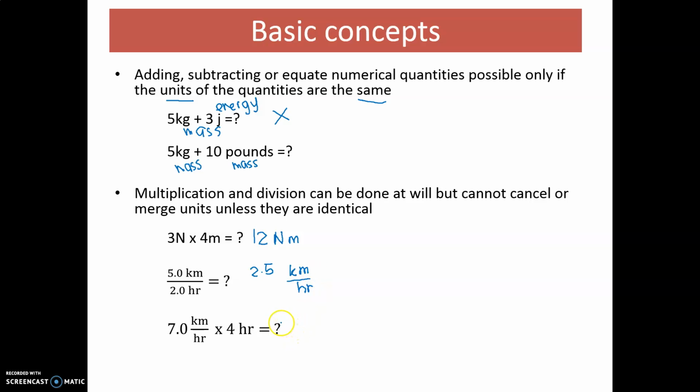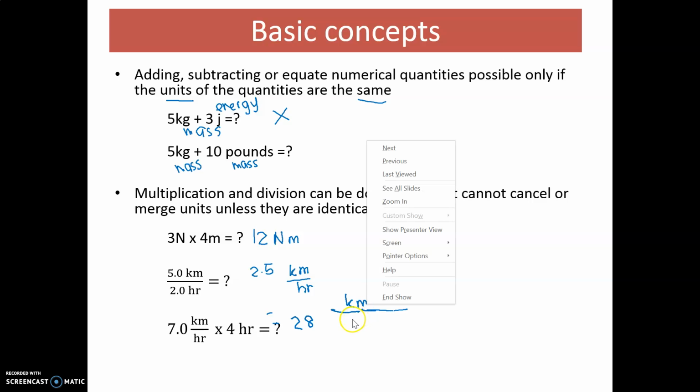And lastly, 7 kilometer per hour times 4 hours. Can we solve this? Yes, we can solve this. We just multiply it. It's 28, where the unit is kilometer and hour, and another one is hour.